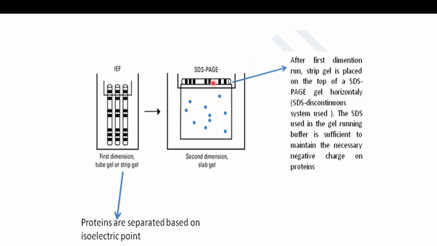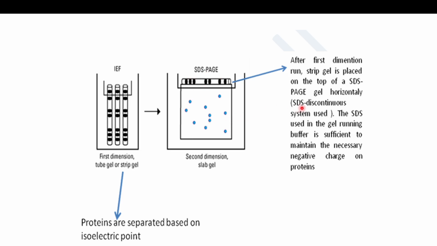Then you run the gel exactly as you run SDS PAGE. Okay, so now the proteins from these strips will slowly come into the resolving gel and then eventually separate out.